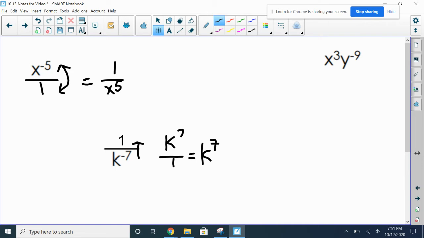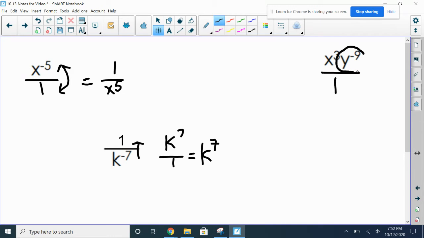All right, and then this next example, we have x to the 3 and y to the negative 9. What I want you to see here is that when I flip it, that x to the 3 is going to stay at the top, because if I moved it to the bottom, it would go from a positive to a negative. When we're switching from top to bottom or bottom to top, the sign changes. So we can only move the ones that we want the exponent sign to change. When I have x to the 3, y to the negative 9, all of this is over an assumed 1.